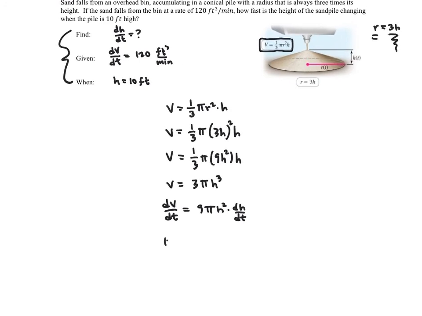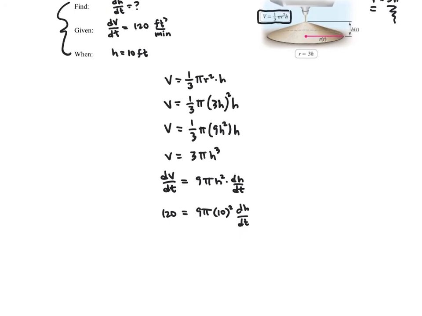So dV/dt is 120. This will be 9 pi times h squared times dh/dt, which of course is what we're trying to find. So that will equal 120 divided by 900 pi will equal dh/dt.